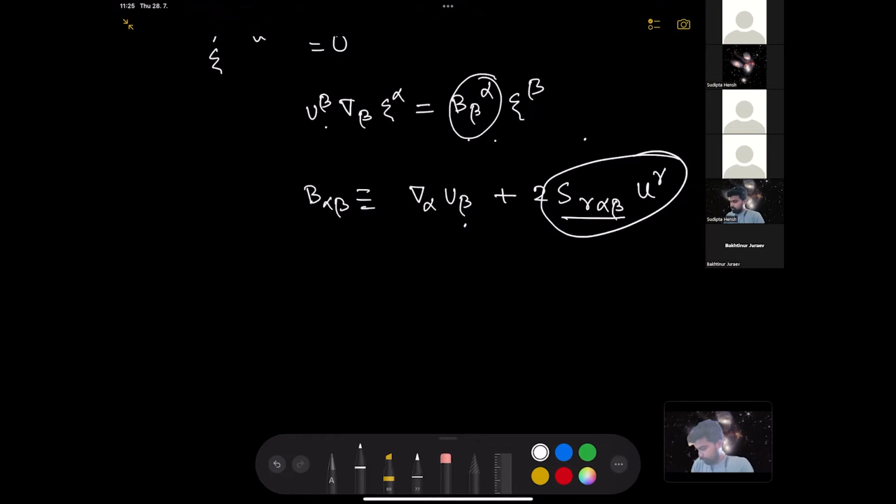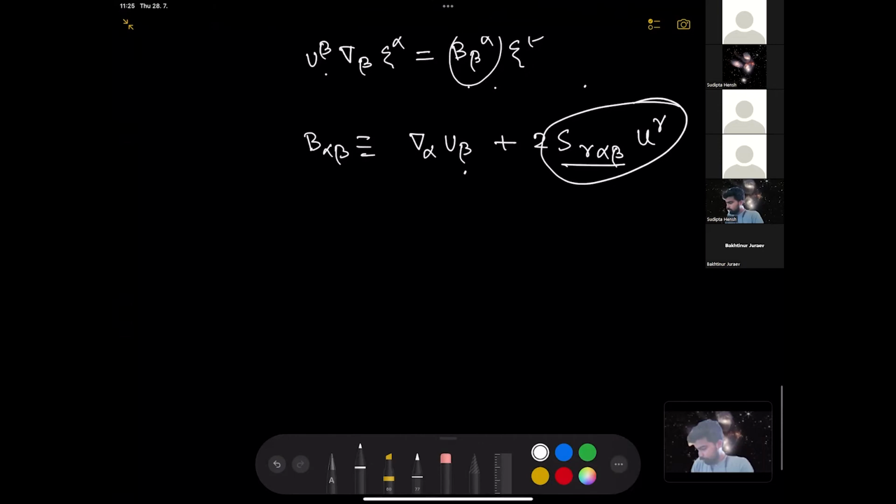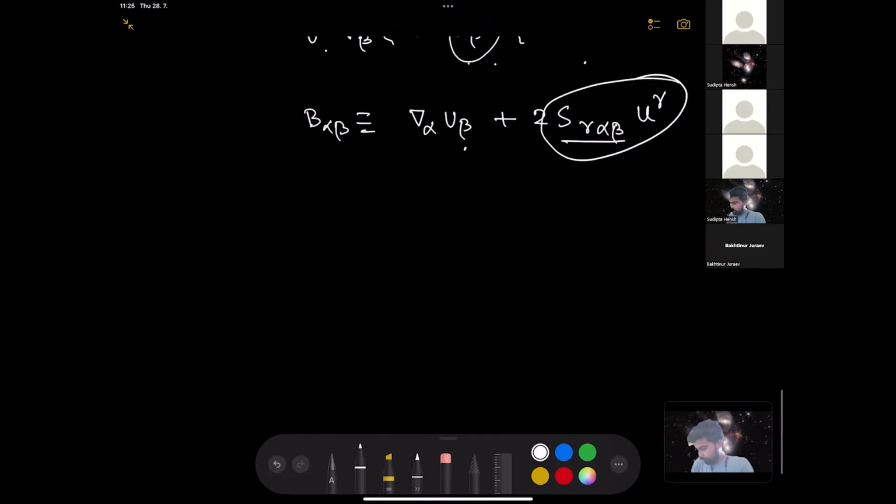So now we will see in a Newtonian analogy how this B can be written. If a congruence is propagating through the space-time, what could be the effects there? So it can expand. So let's say we have a circle here, and it can get bigger as it propagates through the space-time.